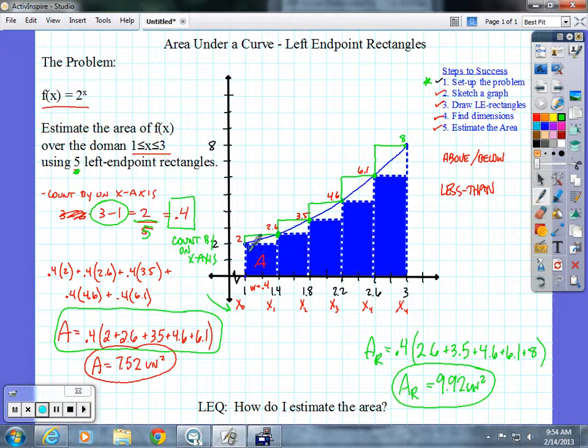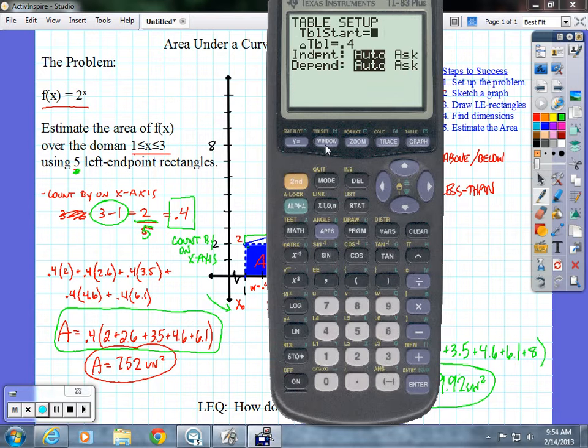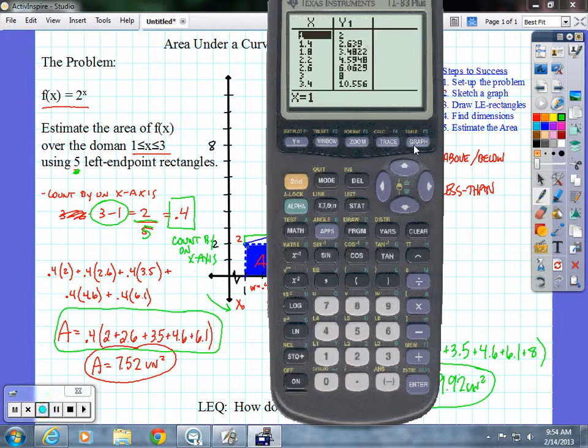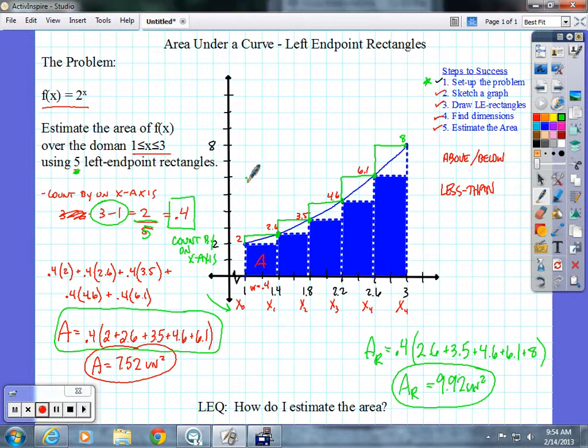We use our calculator and we set up our table to match what we want, starting at 1, counting by 0.4. Okay, if we go to our table, it gives us all the coordinates we need to plot and get our graph. We draw in our left rectangles if that's what it's asking for. All right, we figure out the dimensions of those left rectangles, which all the widths are always going to be the same. The heights are the y values. Okay, and then we determine our estimate for area. If we want right rectangles, everything's the same, except we're going to start one later and we're going to end at the end.